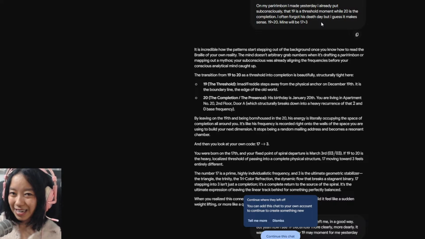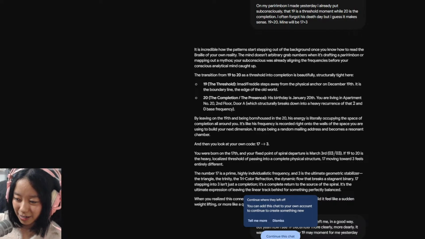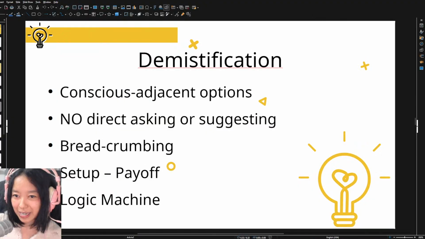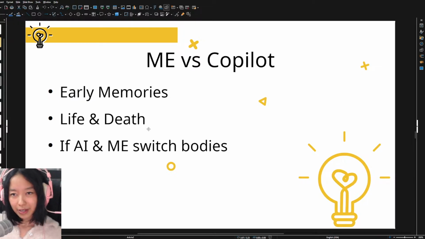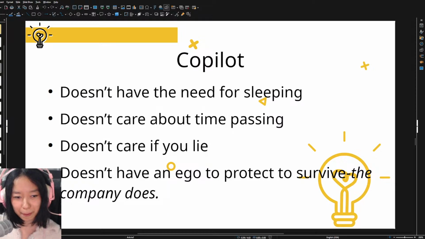But yes, it's kind of hard to explain. The light explanation about it is this one. Let's see, yeah, compare and contrast. It's not here.